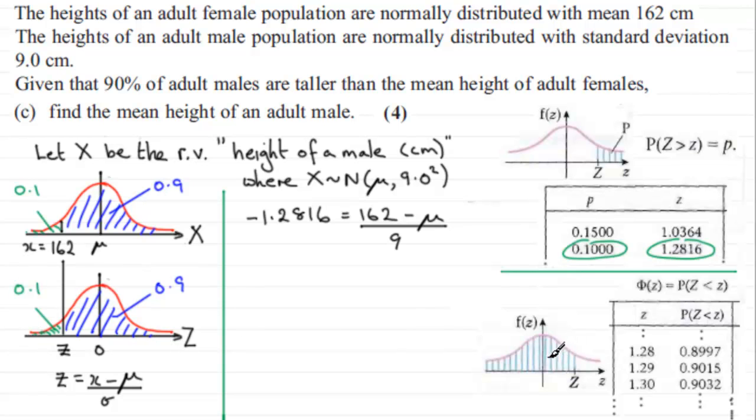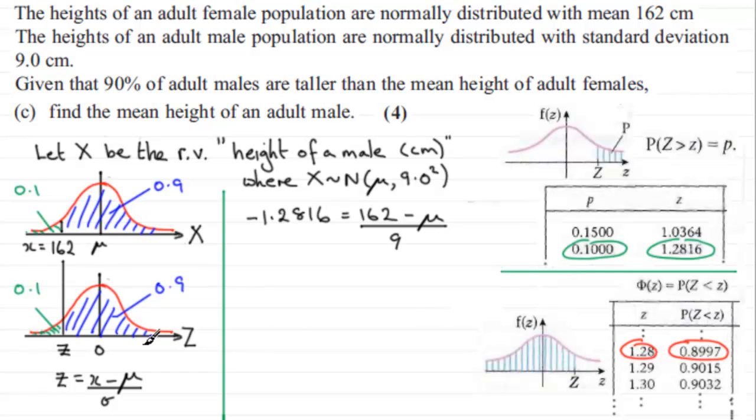So if I was to look up 0.9 for this probability in a set of tables like this, you'll notice we have to look down this column here. I haven't got 0.9, but I can get as close as I can to 0.9, which is this value here, 0.8997, and the corresponding z value is 1.28.